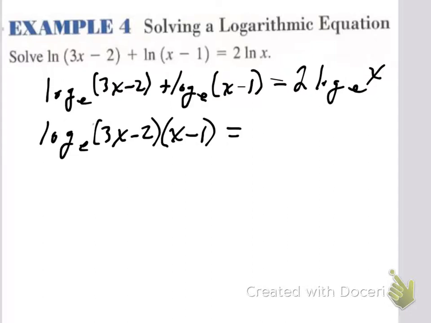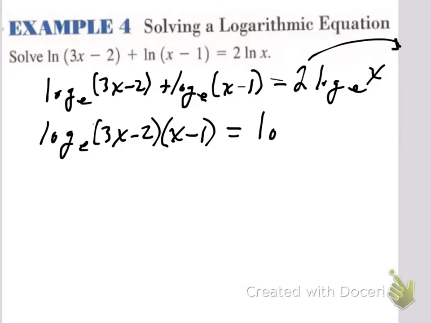Now, what I want is for both sides to have log base e. So I'm going to take my 2 and move it into the exponent for x here. That's the power rule in reverse. So I'm going to have log base e of x squared.